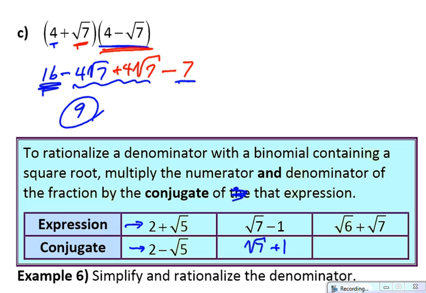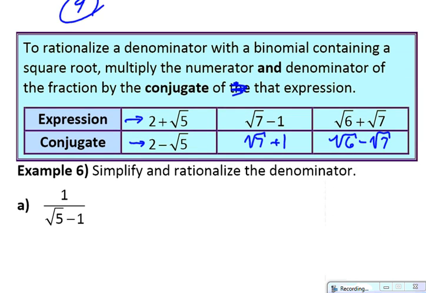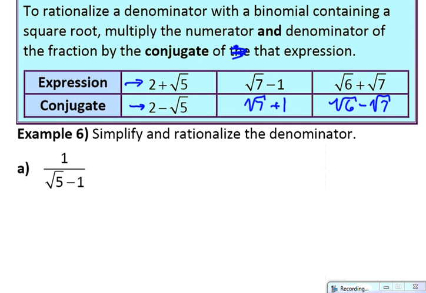Just change that middle sign. Square root of 6 plus square root of 7. That's right. It's the square root of 6 minus the square root of 7. So those are conjugates. That is a concept you will use from this point on in math, not only with radicals, but in other situations as well.